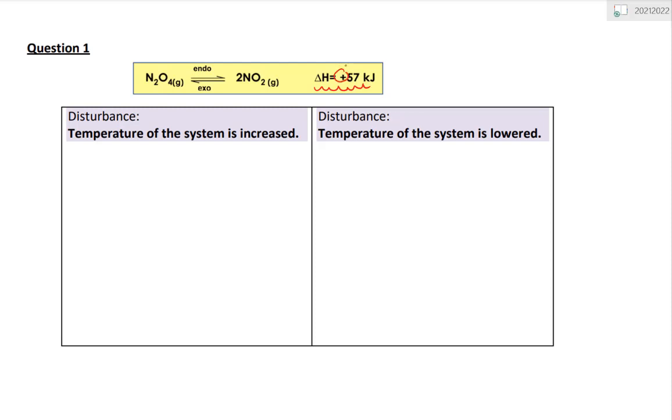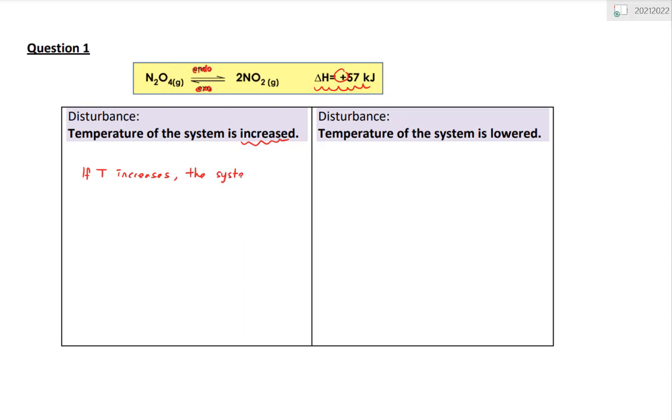This positive value indicates that the forward reaction is endothermic, in which heat will be absorbed. So of course, when the forward direction is endothermic, the reverse reaction will be exothermic. So looking at your first disturbance, if the temperature of the system is increased.